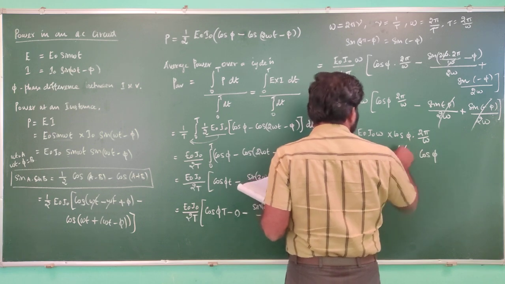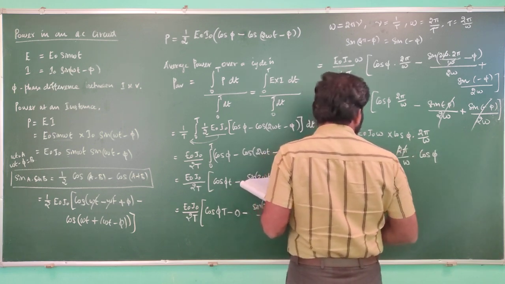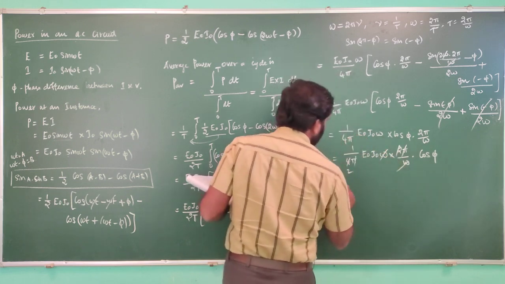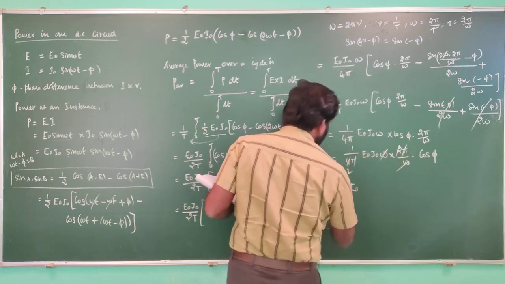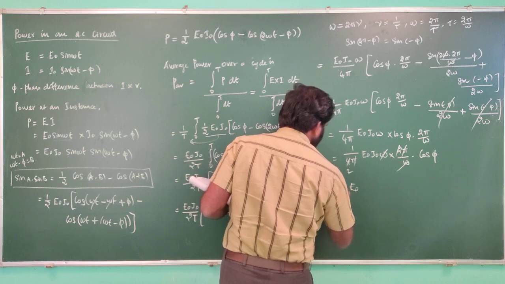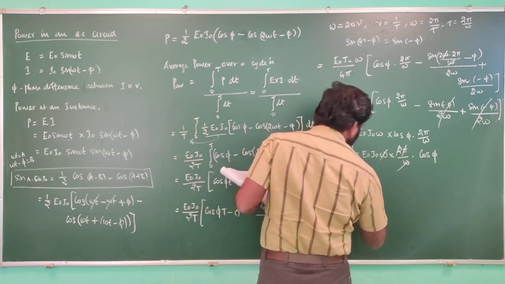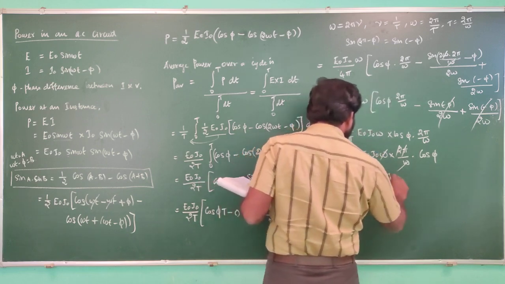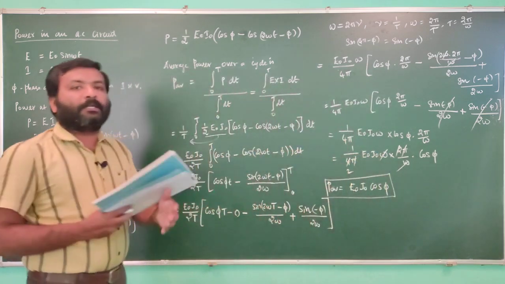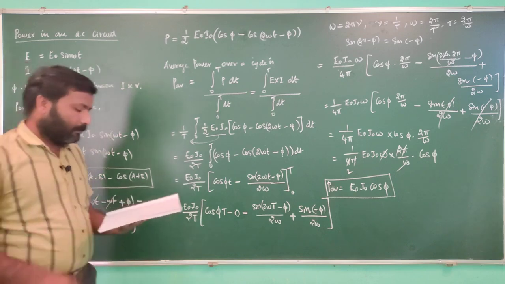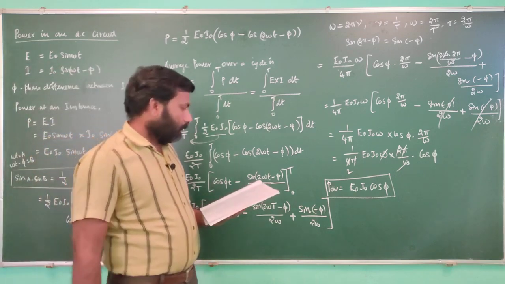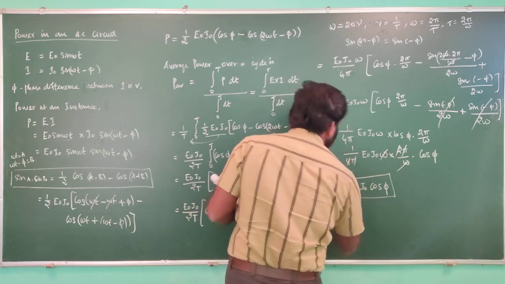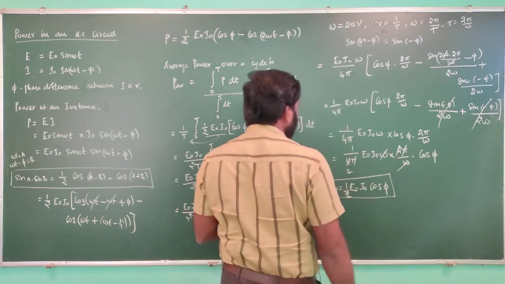So pi cancels out, 2 and 4 we can divide, omega cancels out. So what's remaining is the average power equal to E naught I naught cos pi, and there is a 1 by 2 here that's missed. This is the average power.